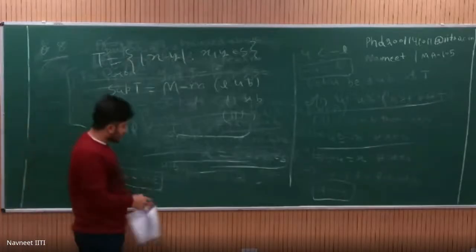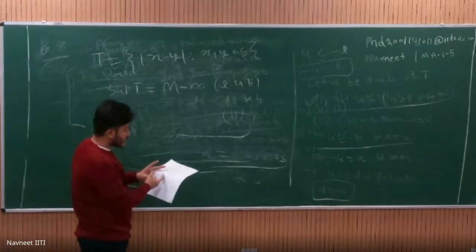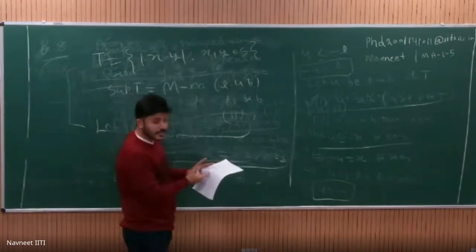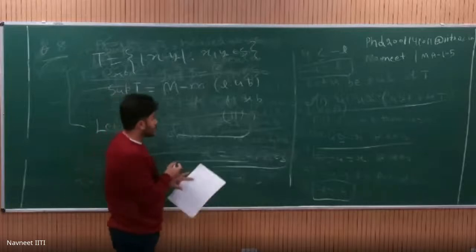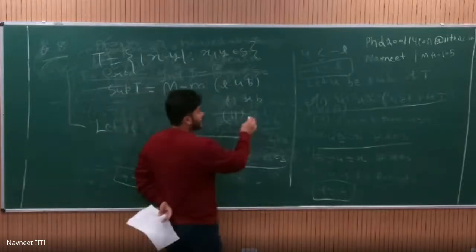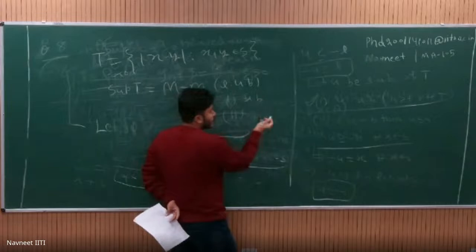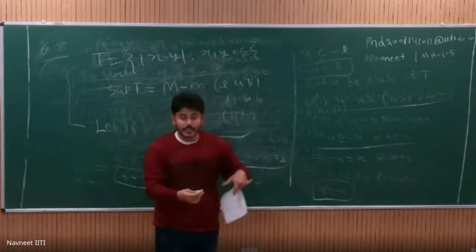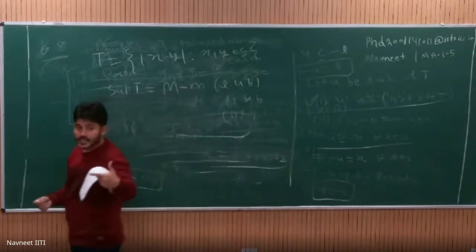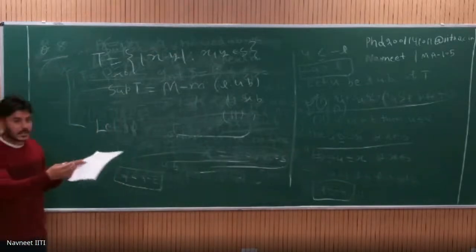And one more: if you see question number 8, the second condition can be replaced by this condition also. That means it should be an upper bound, and if we subtract epsilon from that, there should exist an element which is greater than that.